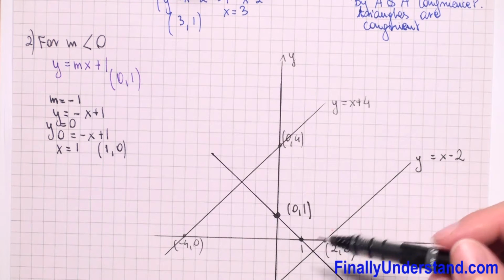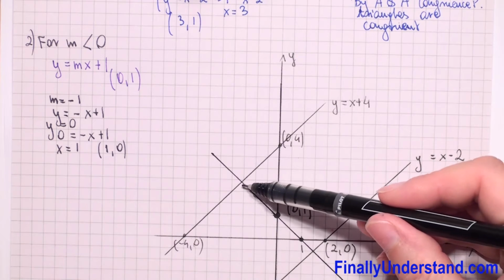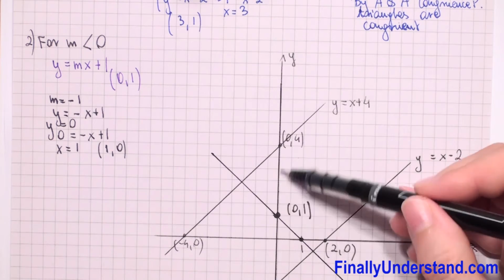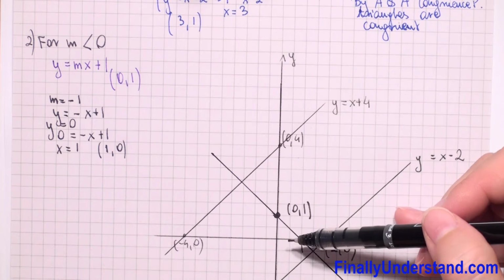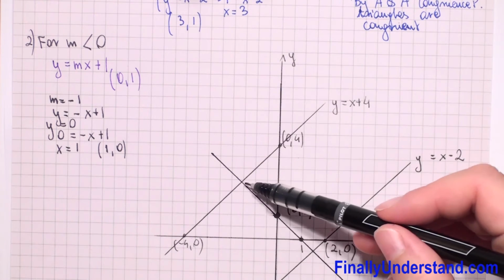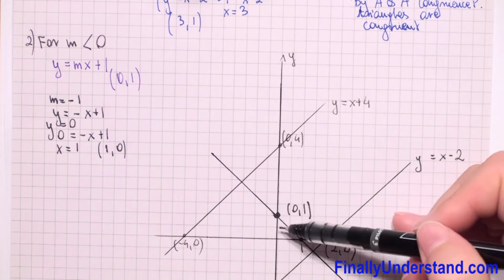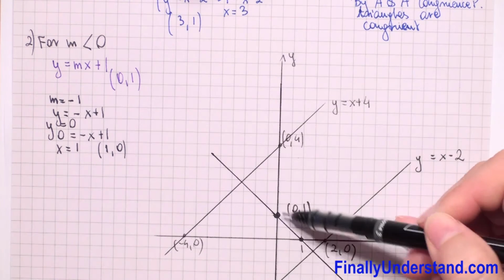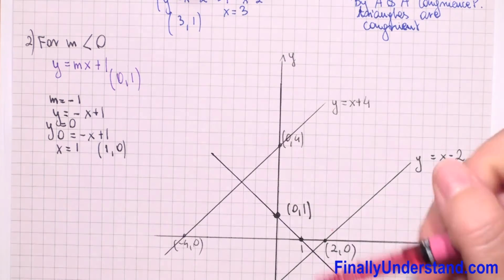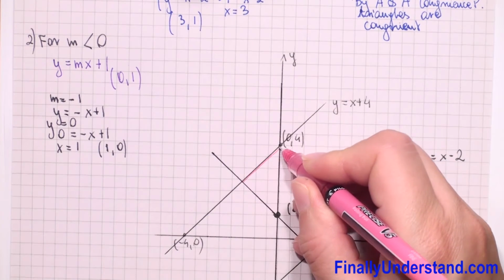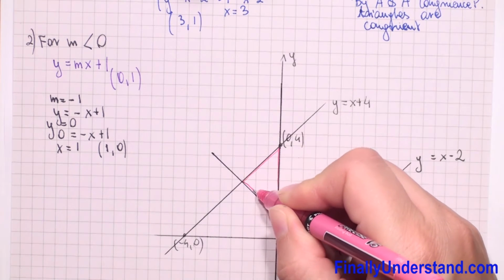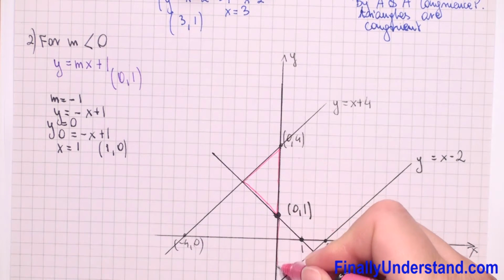And we see that again we got two triangles, formed by these three lines, and these will also be congruent triangles. Let me draw these triangles we have now.